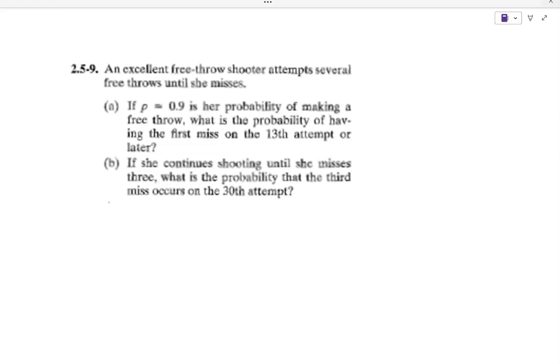So what kind of distribution is that? Geometric, right? We know then our PMF for our geometric is what? Good.